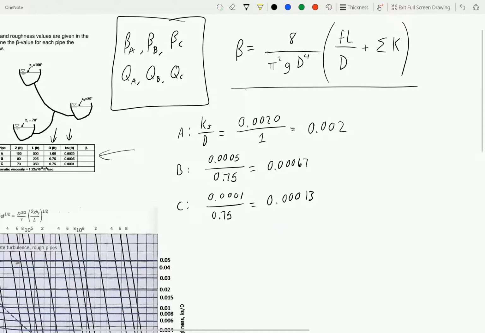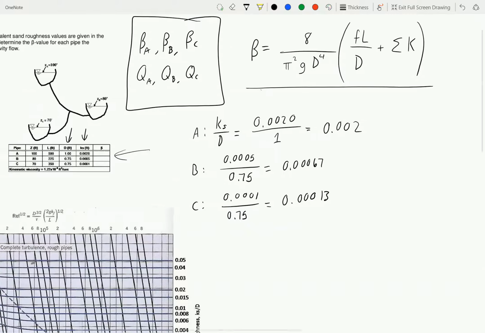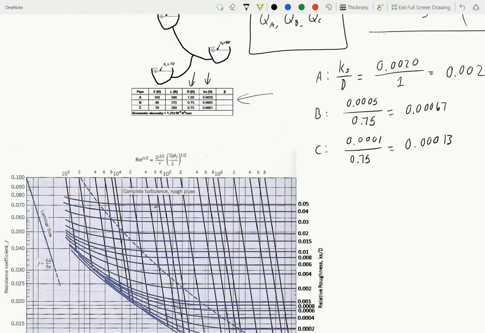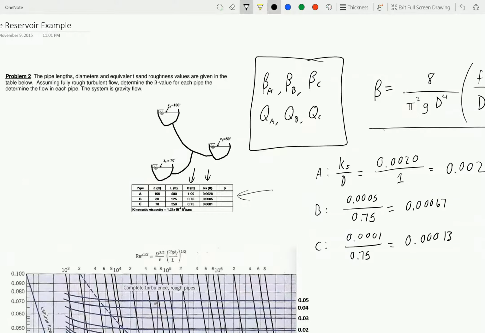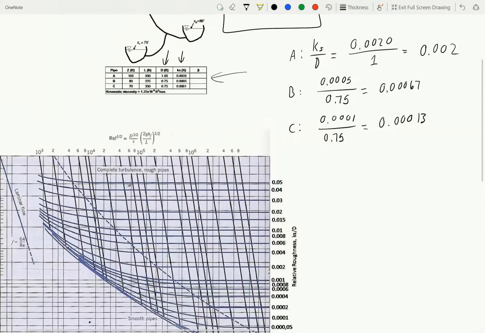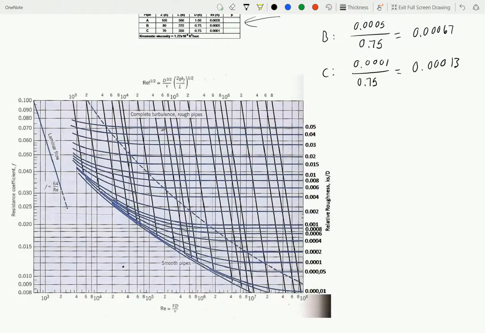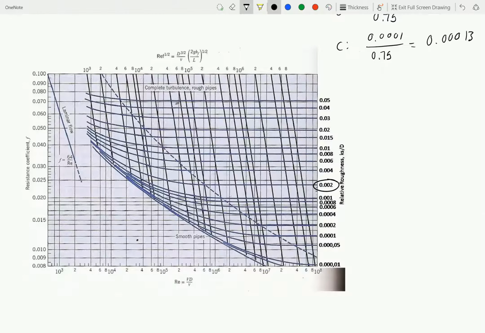And now these are our Ks over D values. So now we just read these on the Moody diagram, and we assume fully rough turbulent flow because it says to do that in the problem right here. So for our A value for F, we have 0.002, which is right here.